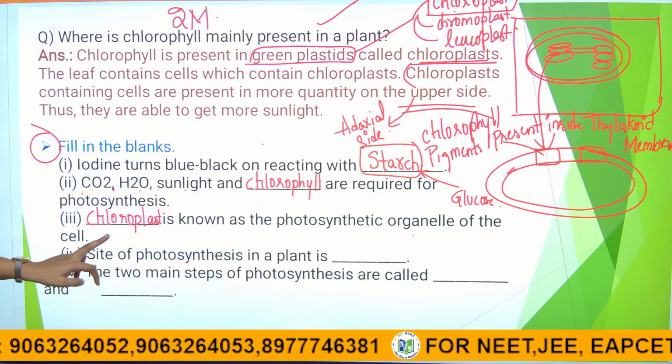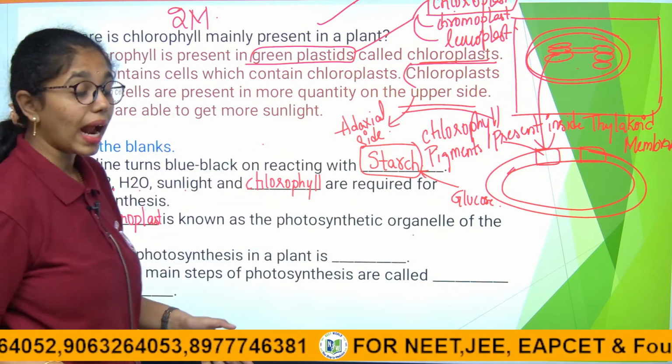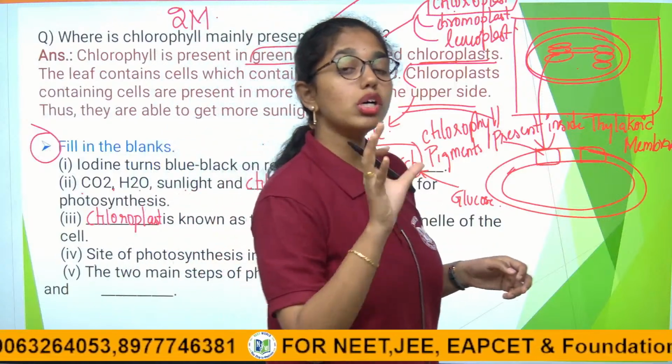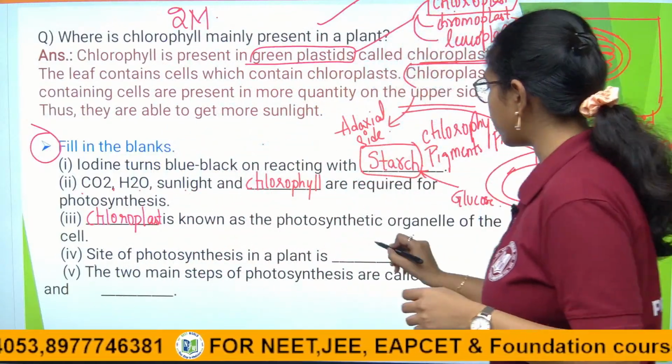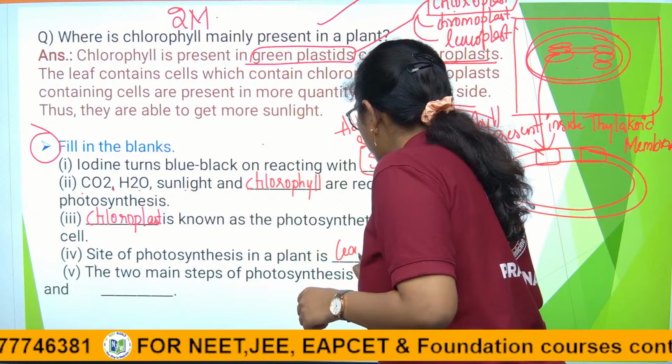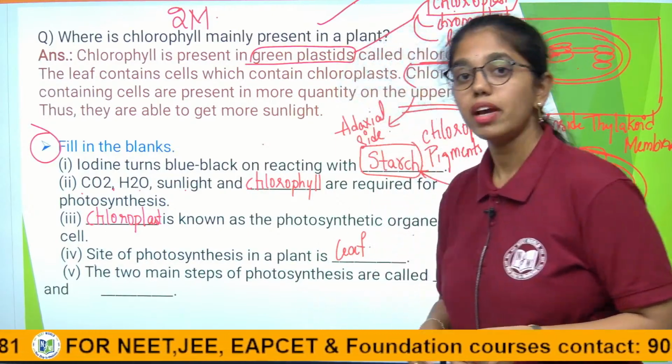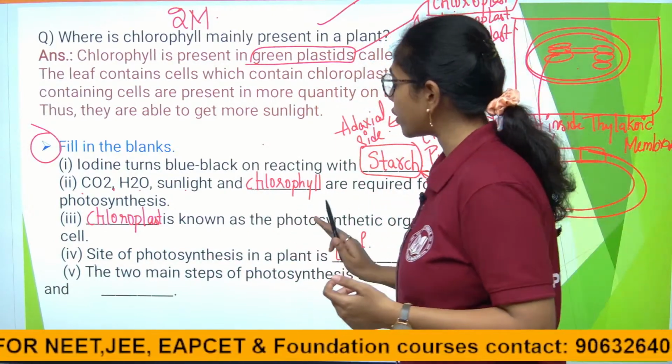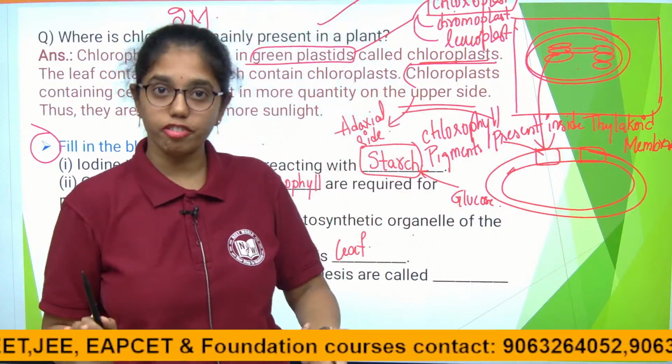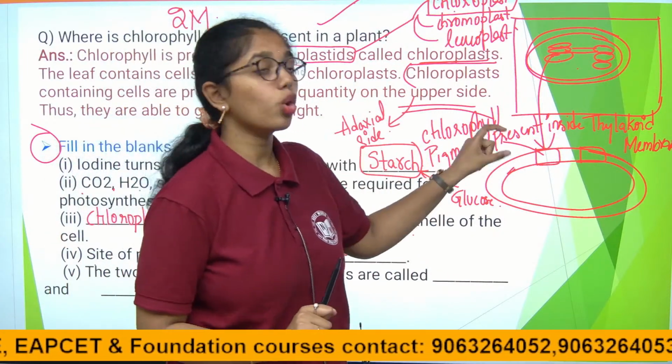Next, site of photosynthesis in a plant. In a plant, the photosynthetic organ is the leaf. If they are asking what is the site of photosynthesis in a leaf, then your answer should be chloroplast.